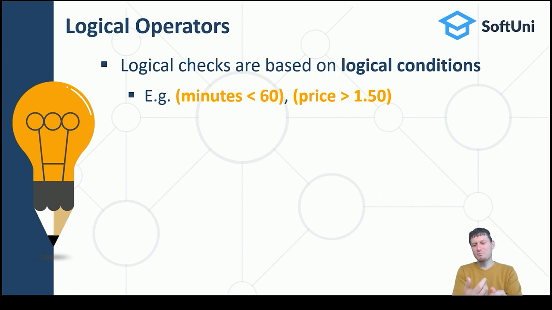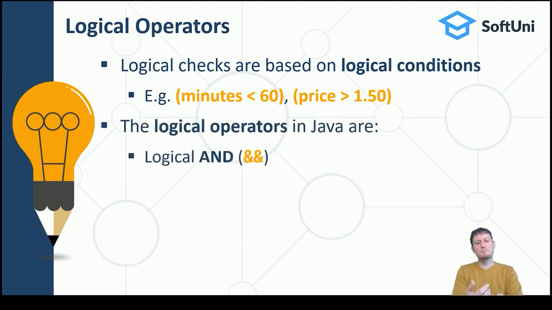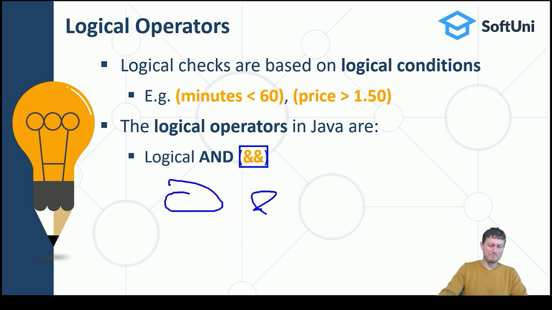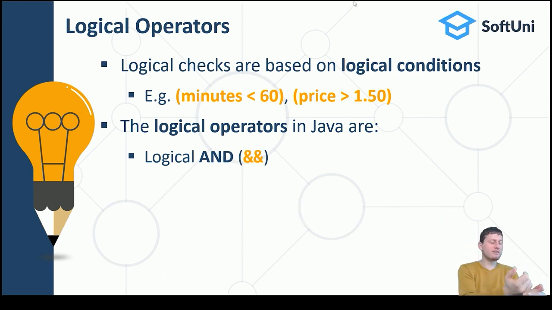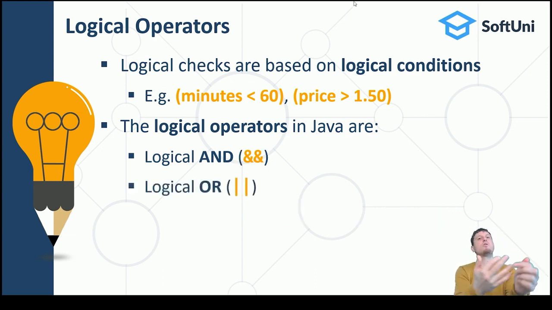So the logical operators in Java combine several conditions. They can be combined with the AND logic, logical AND, or the double ampersand operator. It says the first condition and the second condition. I'll show you how this works. Logical OR, either the first or the second or both.